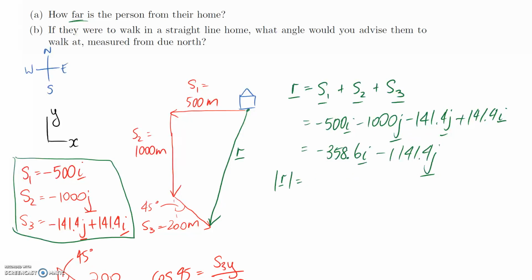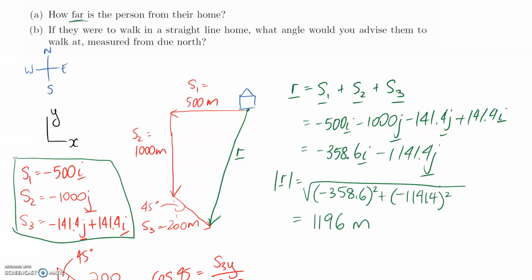It's just a matter of putting it into our square root, like so. And putting that in a calculator, you find out that the person is 1196 meters approximately from their home.